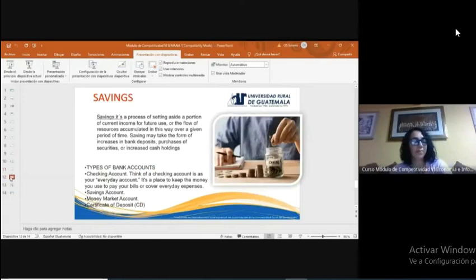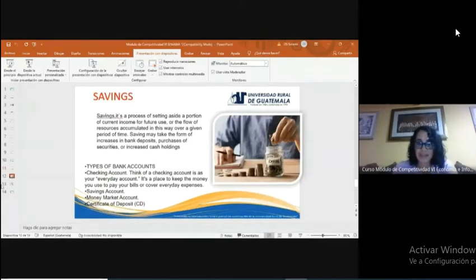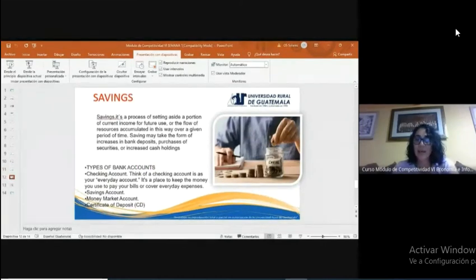And also, you can get the capital from savings. And what is that? Savings is a process of setting aside a portion of current income for future use, the flow of the resources that you are going to accumulate in this way over a given period of time.